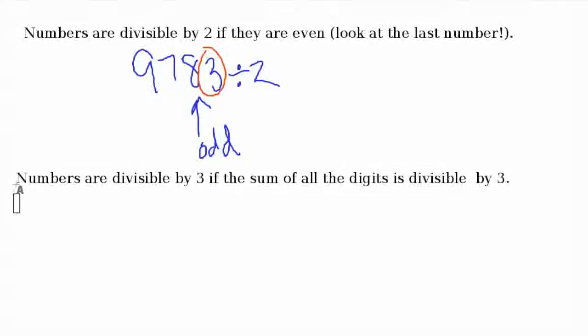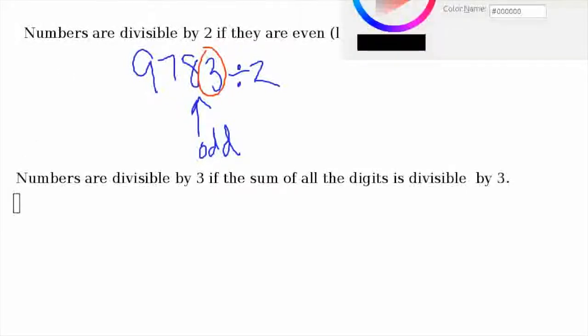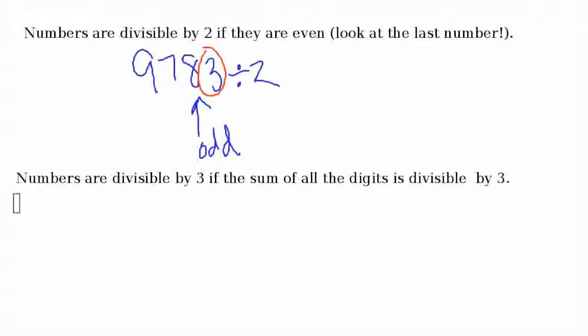Okay, so for example, looking at the last problem I just did, let's say that we had 9,783 divided by 3. Okay, is it divisible by 3? Now, just because the first number ends in 3, that's not a guarantee. So get that idea out of your head if that occurred to you.